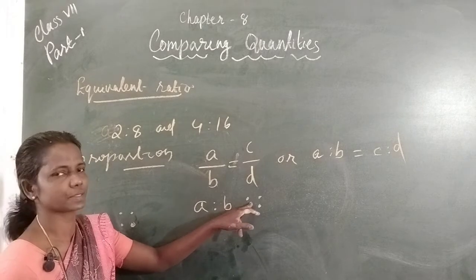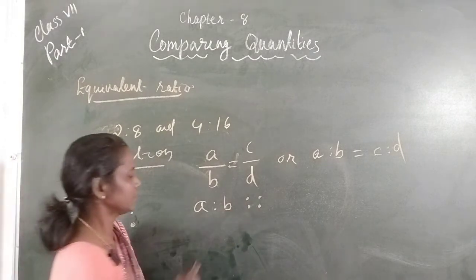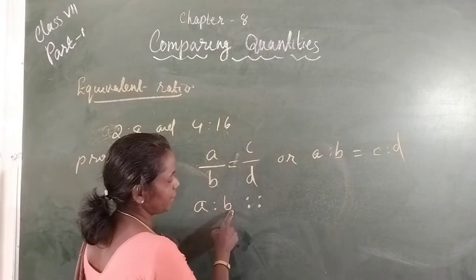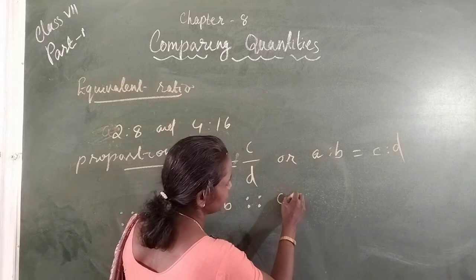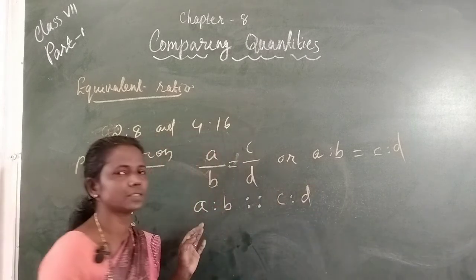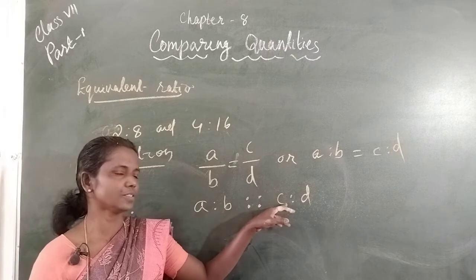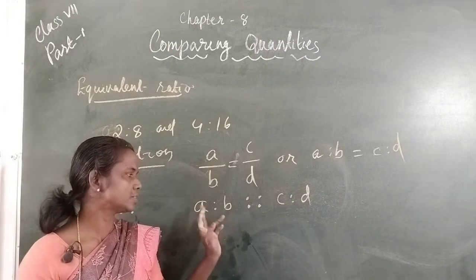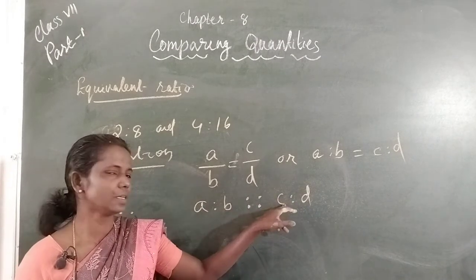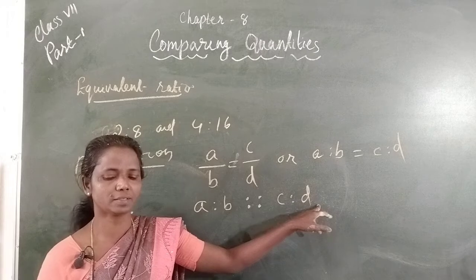This symbol represents proportional. Then A is to B, then C is to D. How to read this? A is to B as C is to D. Is it clear?